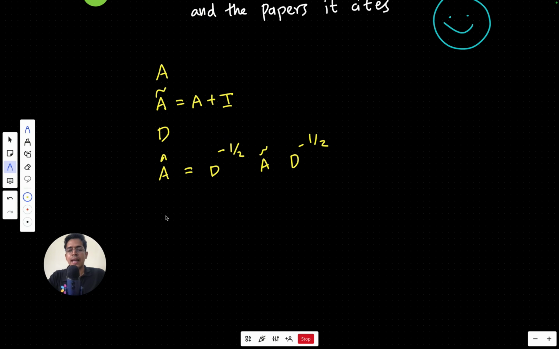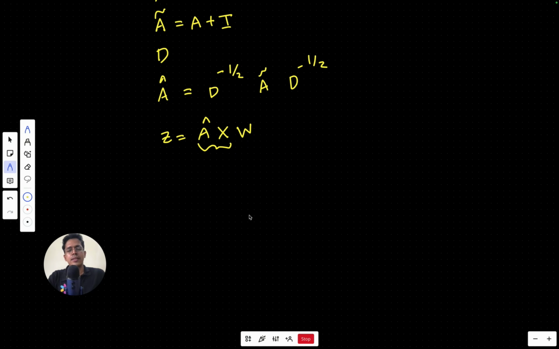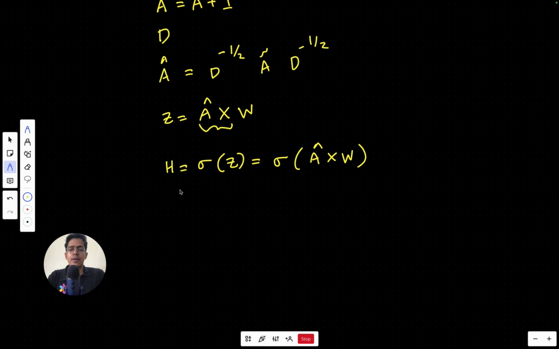Then we calculated Z equal to A cap times X times W. So A cap X is the aggregated feature matrix and W is a transformation weight. Then we applied an activation function, so we got H equal to sigma of Z, which is equal to sigma of A cap times X times W. Now we use this H as the final matrix for classification.